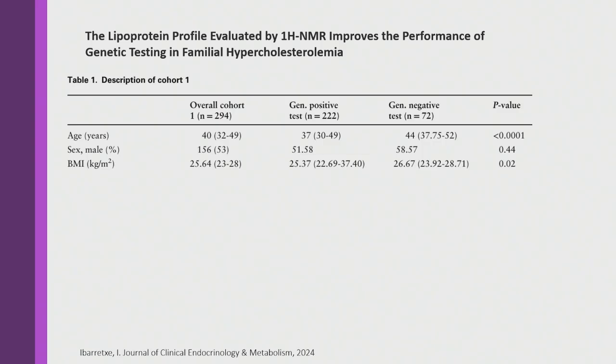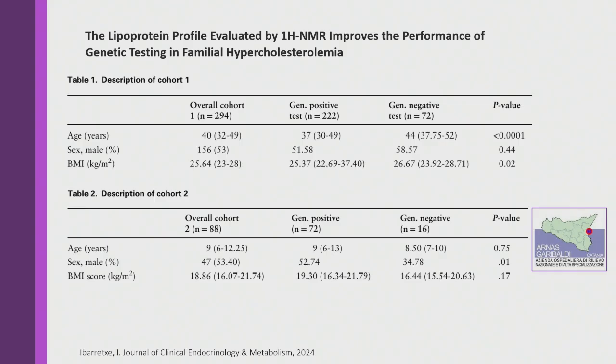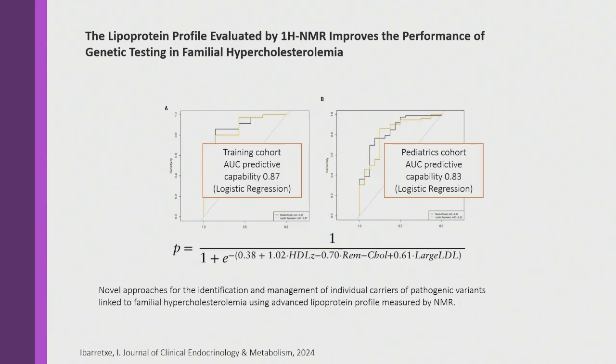And we validated the models by using a pediatric cohort of around 100 people. So we developed an algorithm based on advanced NMR parameters, and a model to predict the genetic testing in both populations. We used the adult cohort to develop the model and validated it with the pediatric cohort.